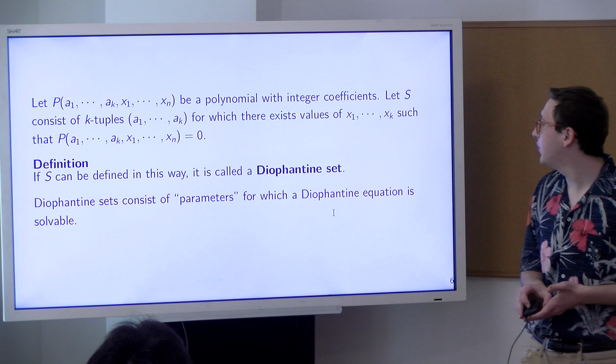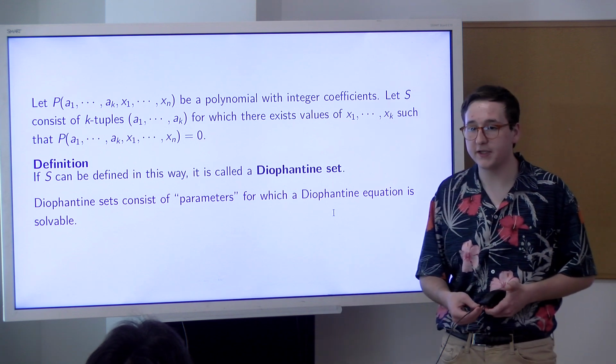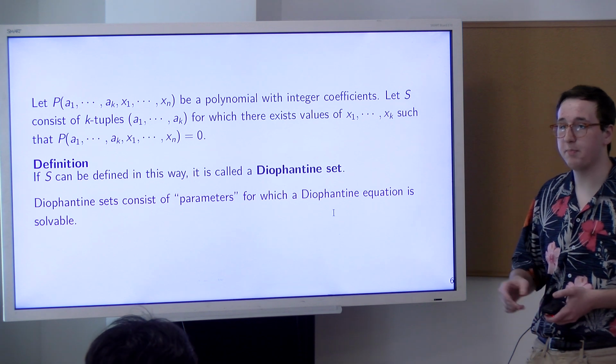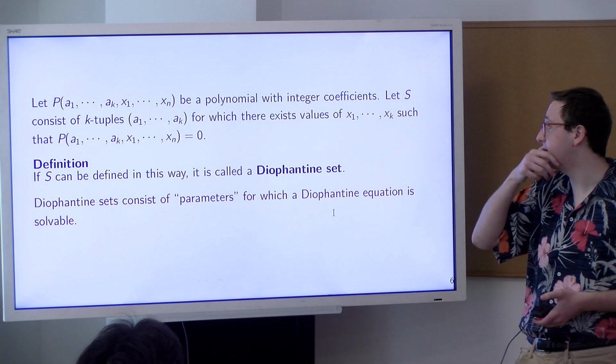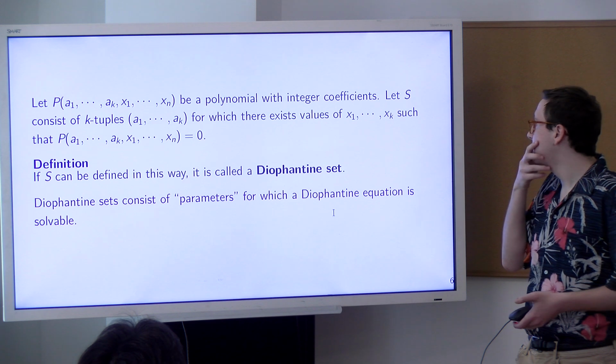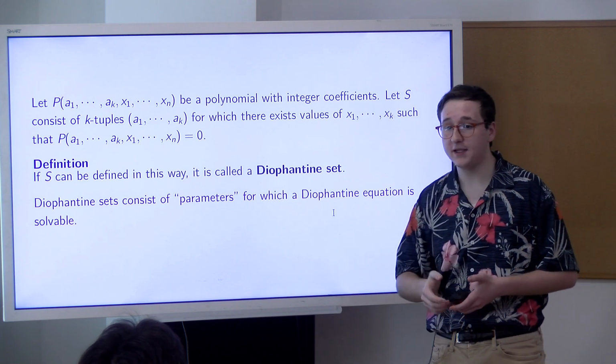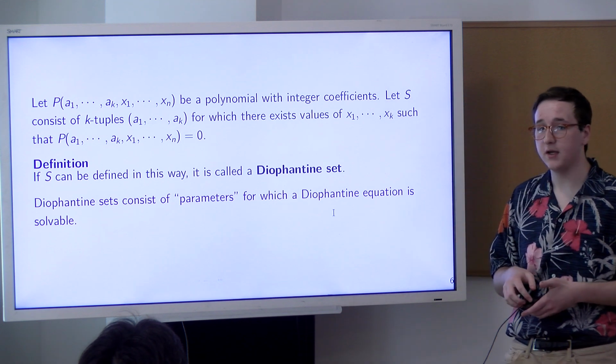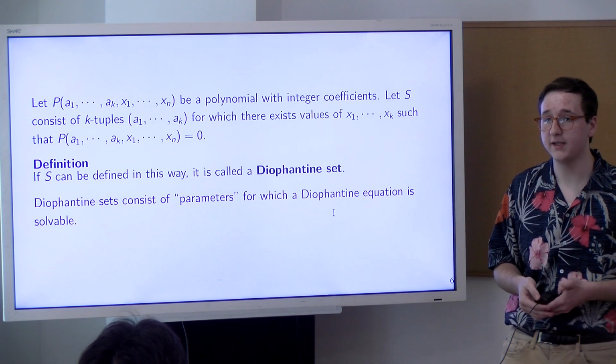Okay, so what I just introduced is called a Diophantine set. If you have some polynomial with parameters a1 to ak and variables x1 to xn, the set of k-tuples which allow for a solution to the polynomial are elements of what's called a Diophantine set.